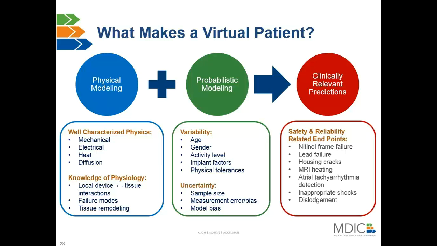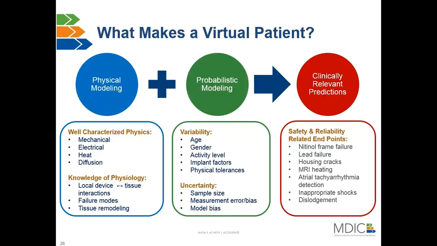And not only that, but our predictive models have to be in the same language or the same endpoints as our standard clinical trials. Because a lot of times you'll see a predictive model and it'll be in terms of something like a safety factor. All right, so we've got a safety factor of 2. Well, as a statistician, as a clinical researcher, it's very hard to determine what a safety factor of 2 means when this is going to be implanted in 10 or 100,000 patients.